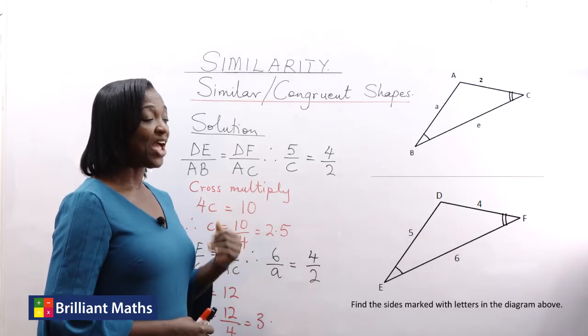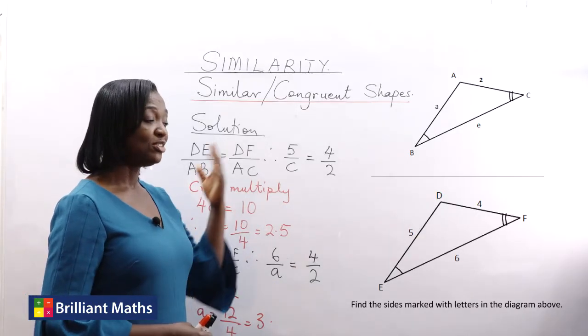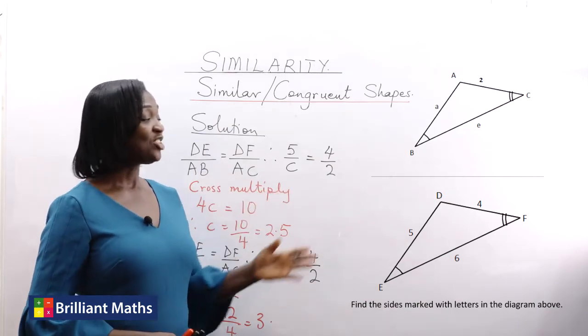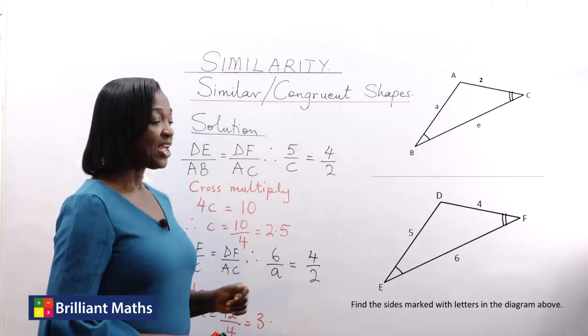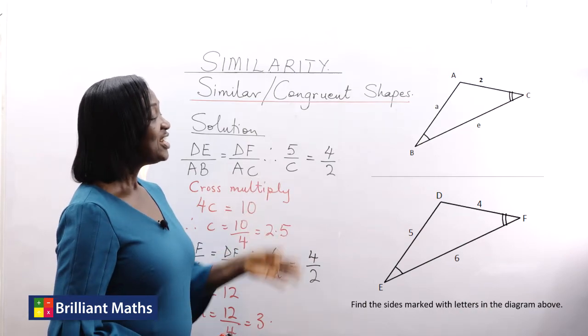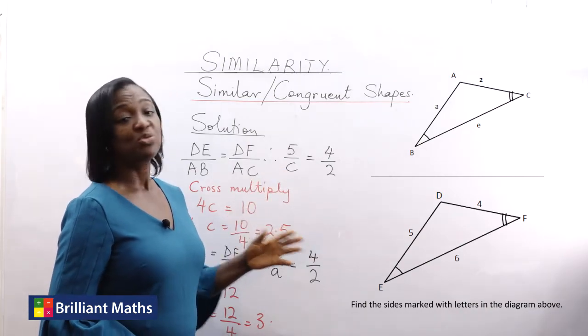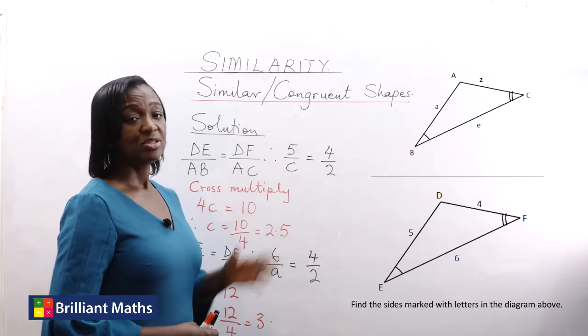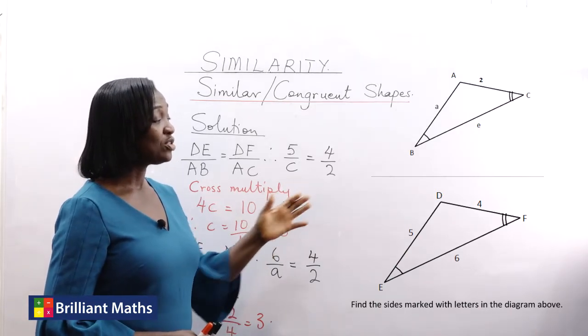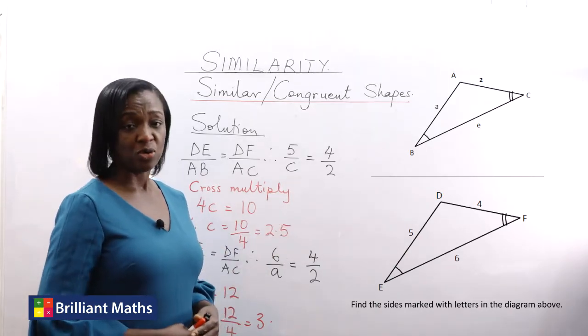In this example, we have two triangles, triangle DEF and triangle ABC. And we are supposed to find the length of the sides marked with letters. So some sides have been given, and we're supposed to find the ones that are unknown.